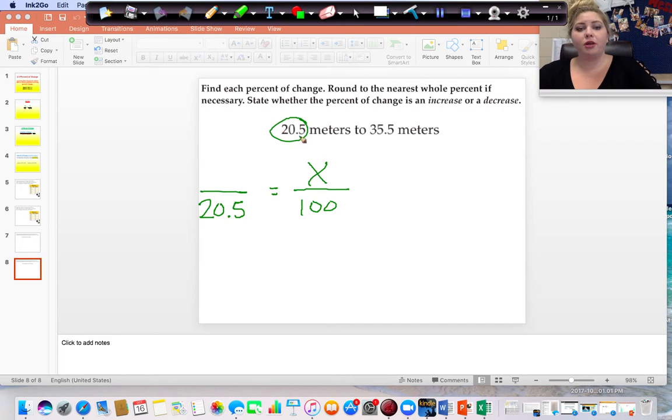I'm going from 20.5 to 35.5, so I am increasing, so I want to make sure that we are saying that this is an increase for the percent of change. And to find out the difference between the two, you just subtract them, so 35.5 minus 20.5 gives us 15.